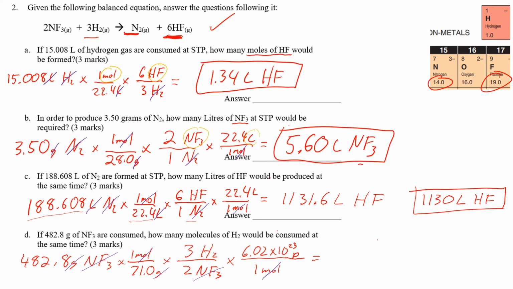So I'm going to type this into my calculator: 482.8 divided by 71 times 3 divided by 2 times 6.02 times 10 to the 23 equals, and I get 6.14, should be 3 sig figs, 6.14 times 10 to the 24 molecules of hydrogen gas.